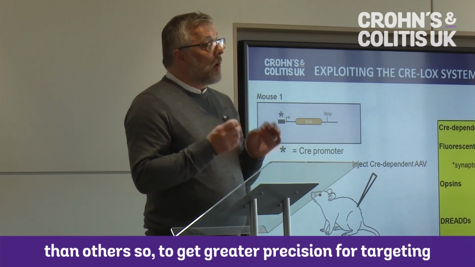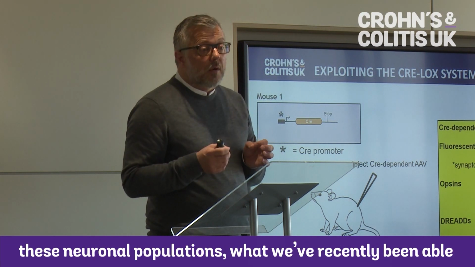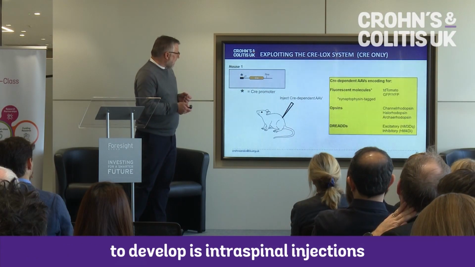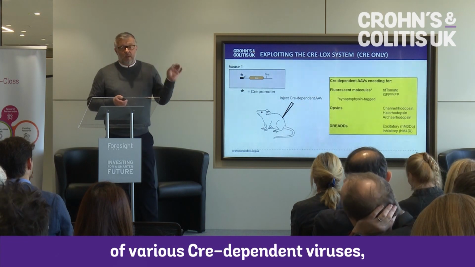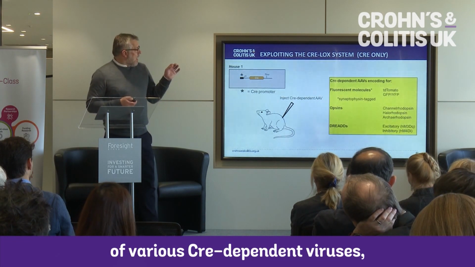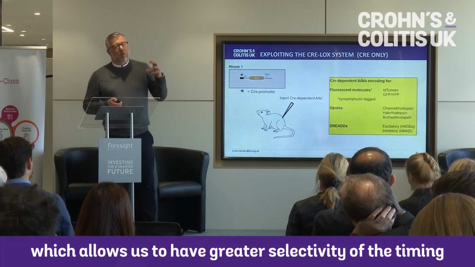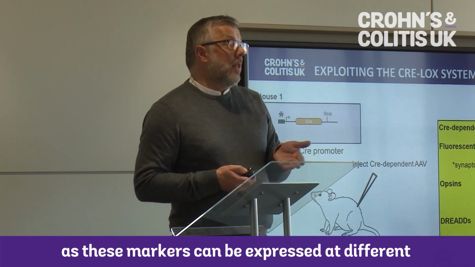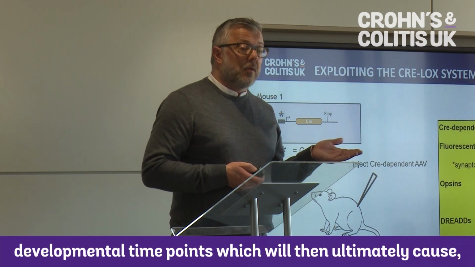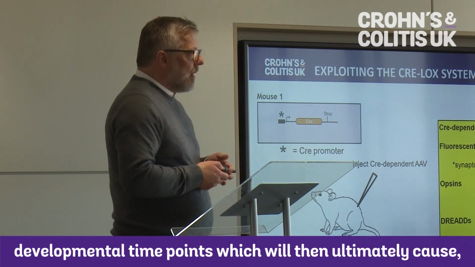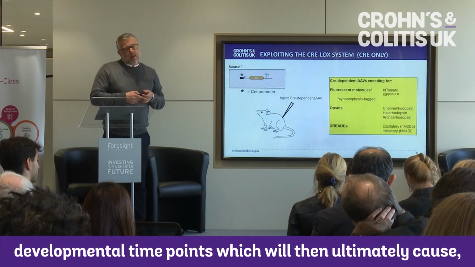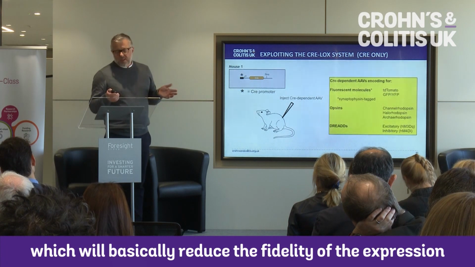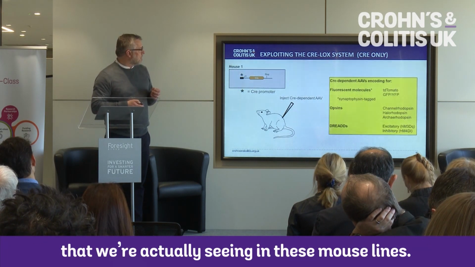So to get greater precision for targeting these neuronal populations, what we've recently been able to develop is intraspinal injections of various Cre-dependent viruses, which allows us to have greater selectivity of the timing for the expression of particular markers, because these markers can be expressed at different developmental time points, which will basically reduce the fidelity of the expression that we're actually seeing within these mouse lines.